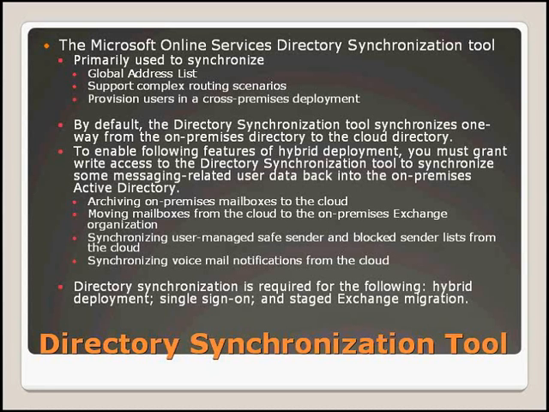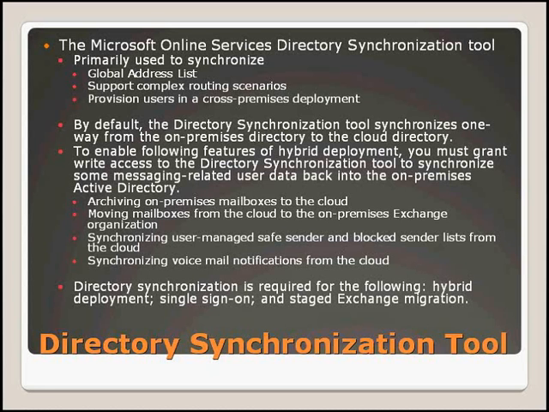The other thing we need to understand about directory synchronization is that it is a one-way synchronization by default. When you install the DirSync directory synchronization tool, it is going to synchronize your on-premises directory to the cloud directory. And there is one more thing.